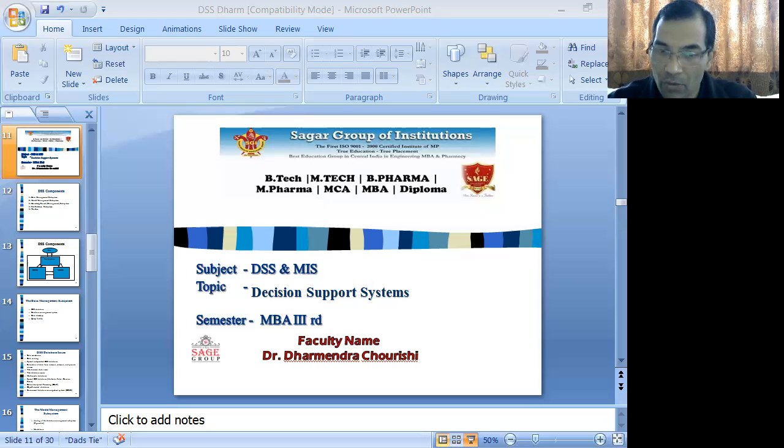Intelligent, whenever we use this word, means it has some capability of making decisions itself. For example, when you move with your mobile to a different city, your mobile accepts a different network. Your mobile has an intelligent system, and another tower will provide you services as you come in its range.